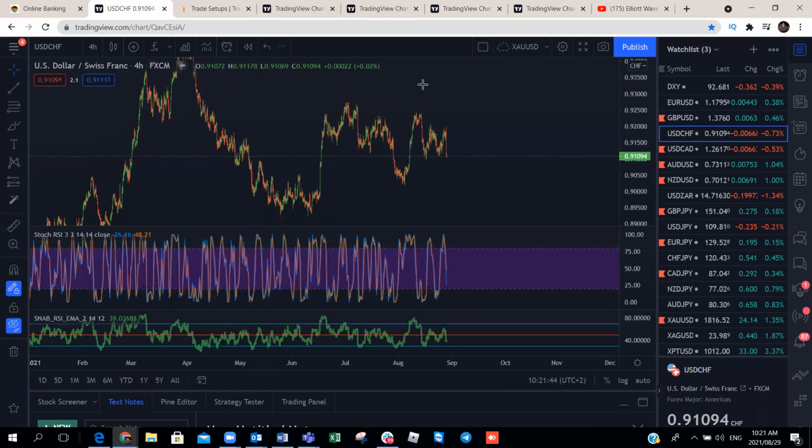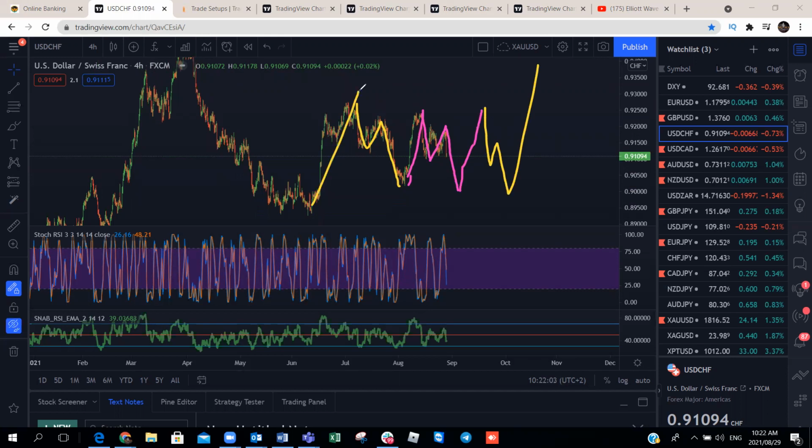What to expect: we've got a 3-wave move here to the downside. We've got an impulse, an impulse in a different degree. So we are expecting this one to make a move at least back to this level. We can make a pullback here, and we can eventually make a structure like this before we get a move to the upside, making this WXY corrective structure.